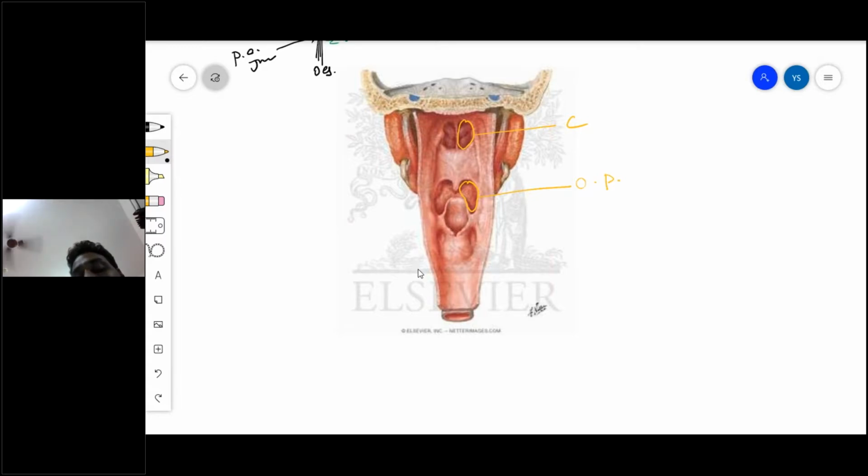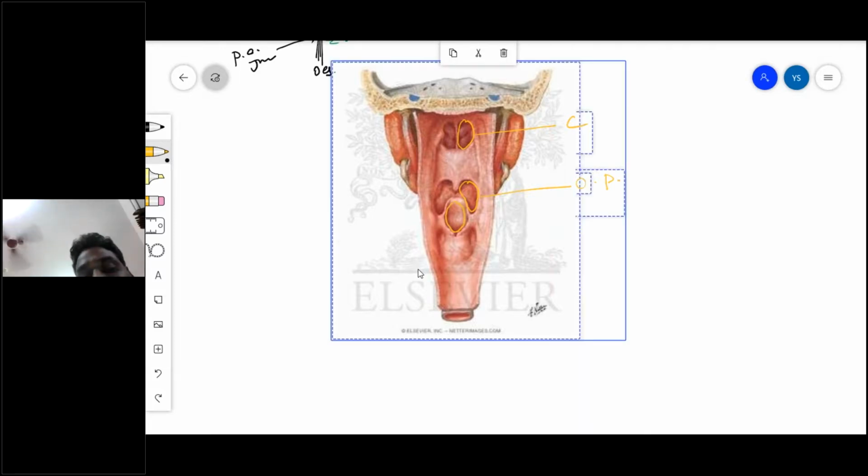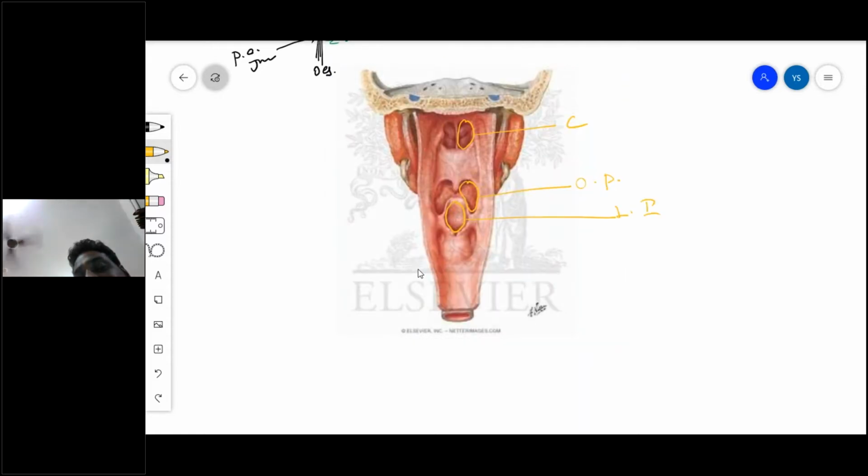Whatever you see in this circle, this one is the laryngeal inlet. So three communications. With the black arrow I'm showing you on either side of the laryngeal inlet, the black circles, this one is called the pyriform fossa.